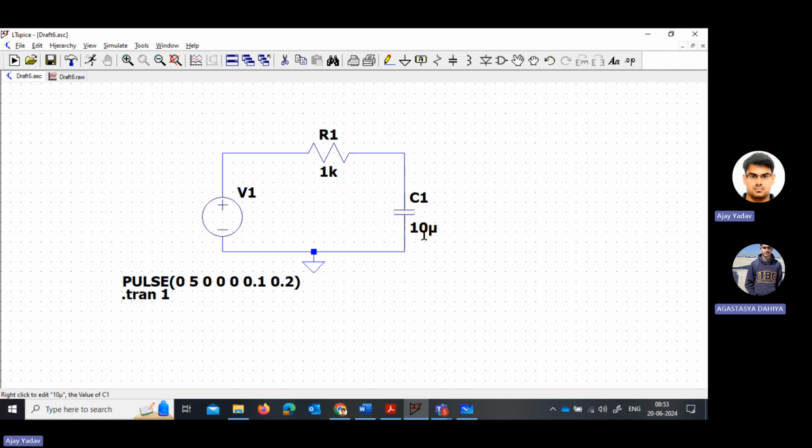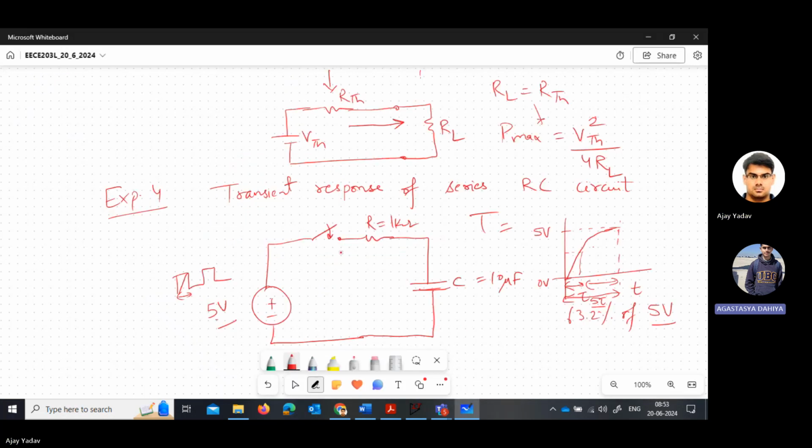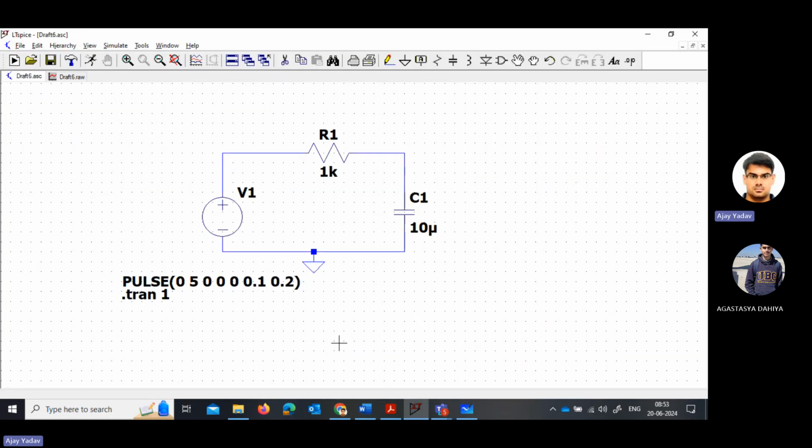Can you check? RC is the time constant, right? 1000 into 10, so 10 raised to power 3 into 10 raised to power minus 5, because it's 10 microfarad. So this will be 10 raised to power minus 2 second. So I can say that this is 10 millisecond. So that is the RC here.